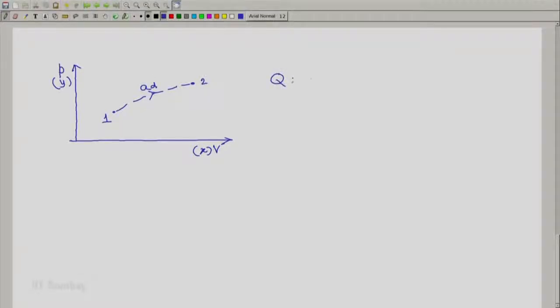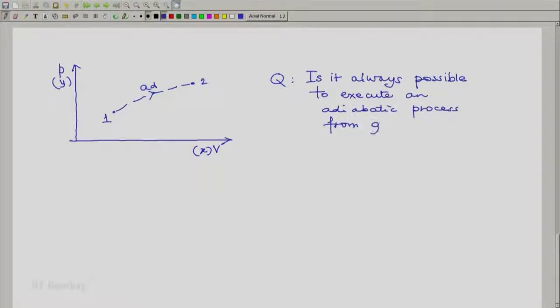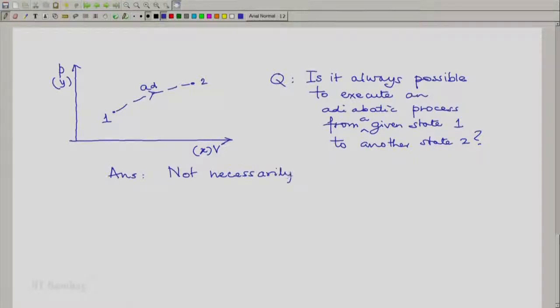The question is, is it always possible to execute an adiabatic process from a given state 1 to another state 2? Well, we will have to study the second law before we come to an answer for this, but the answer is not necessarily.